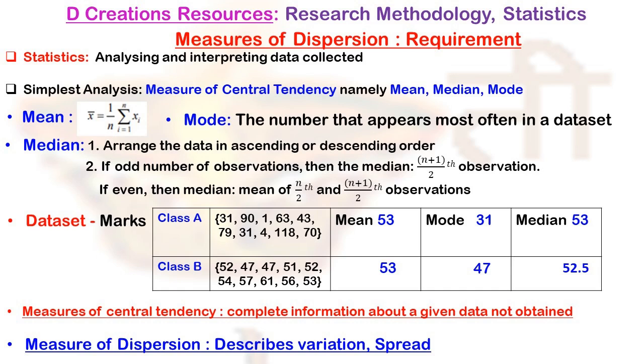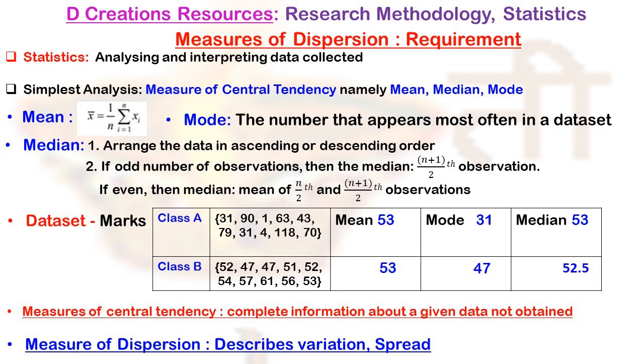But if the number of observations is even, then the median is the mean of the n by 2th number and the n by 2 plus 1th number. So for example, if there are 6 observations, obviously there is no one central number, right? So 6 by 2 is 3. So it is going to be the average of the third as well as the fourth number when they are organized in ascending or descending order. So this is median.